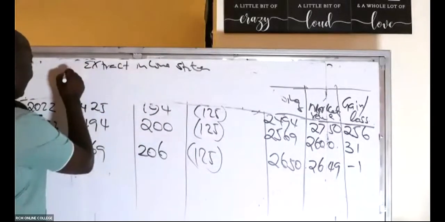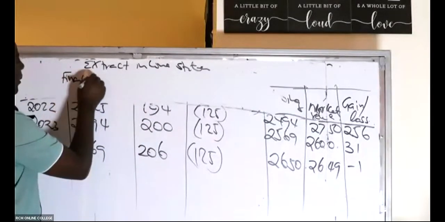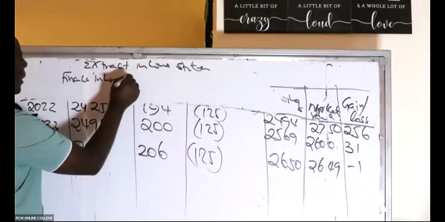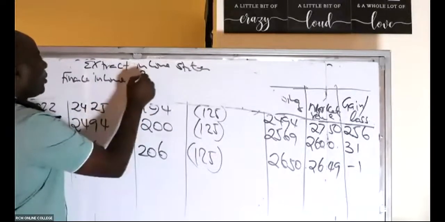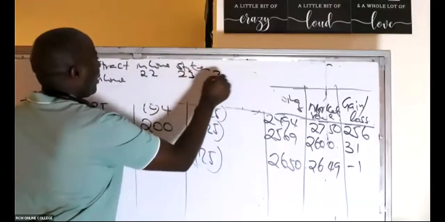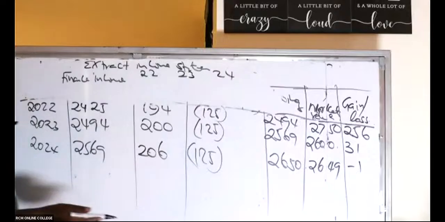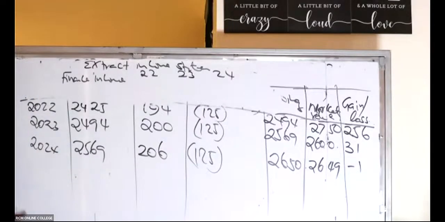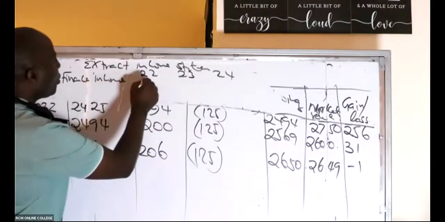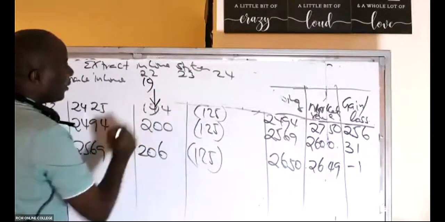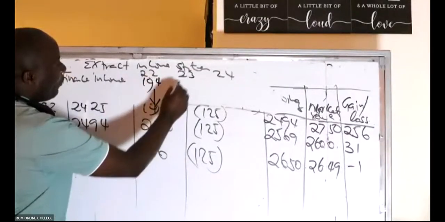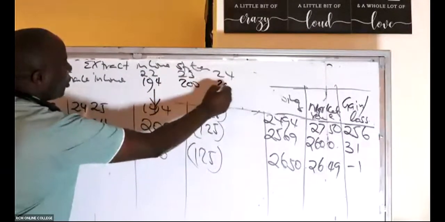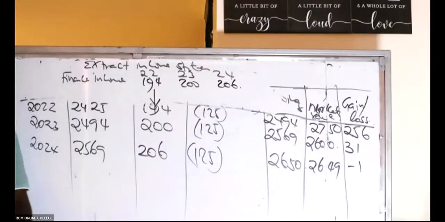We have the finance income, with our years 22, 23, 24. At least these will be correct always. Finance income, you can't miss. The first year finance income I'm able to see is 194. Then we have 200, then 206.